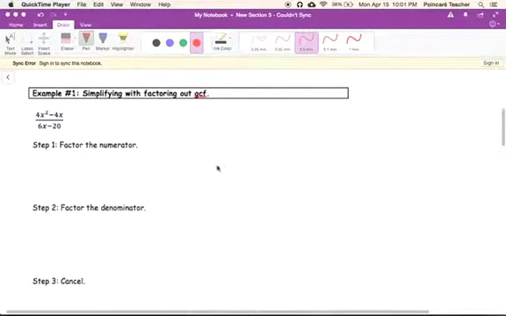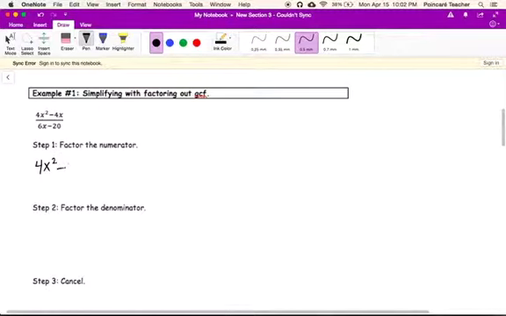Okay, so let's take a look at the first example. The first example is specifically on simplifying with factoring out the GCF. So this is the rational expression, and the very first step is to factor the numerator. The numerator here is 4x squared minus 4x, and I'm going to pay attention to what the common factors are. Another way of thinking about common factors is to ask what is the largest number I can divide out of the number parts and also the variable parts.